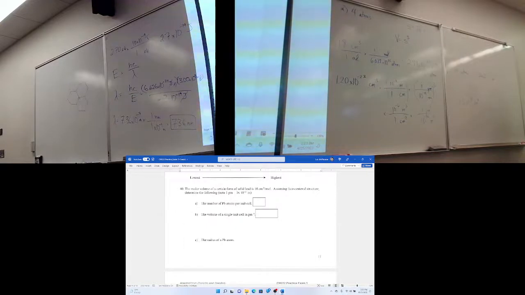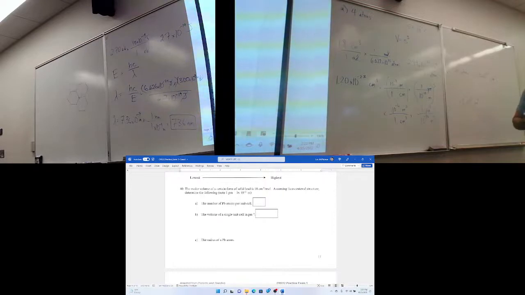Anyway, that's the volume of a single unit cell in picometers cubed. Yeah, that makes sense. Picometers are tiny. They're smaller than the size of an atom, so that's why that makes sense.